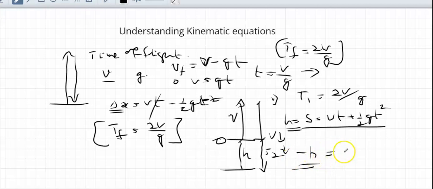So this is equal to vt minus half gt squared, because the start is going up. We can solve this equation and get the total time. It is not just t2, because we are taking minus h, we will get both t1 and t2. This total time will be given by this equation. So this is another approach.